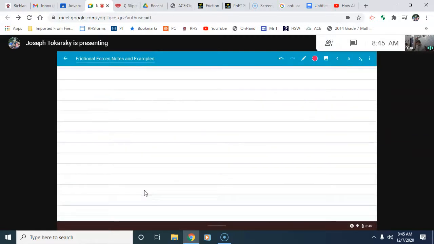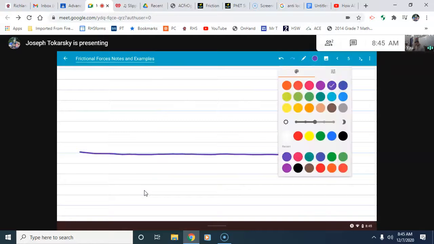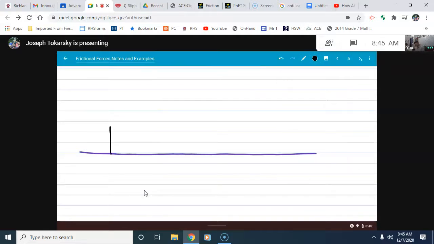We've all probably done something like this before and noticed it, just maybe didn't think about it. Let's say we're in our living rooms or somewhere in our house, especially on a carpeted floor, because carpet is not smooth at all, very rough, right? And let's say you have to move a heavy piece of furniture like a couch. This is going to be my really poor picture of a couch.